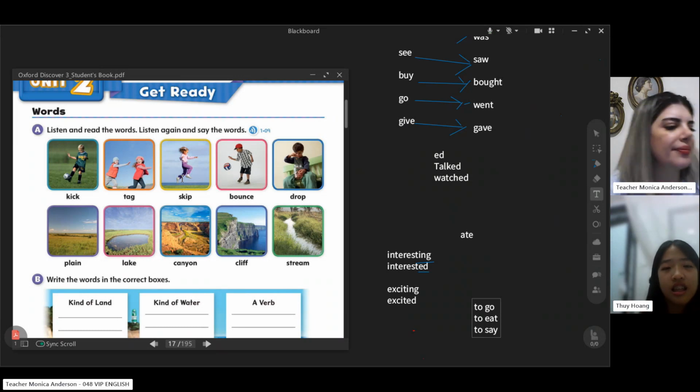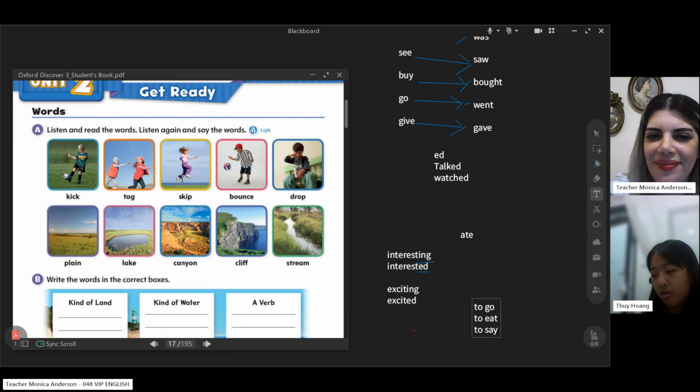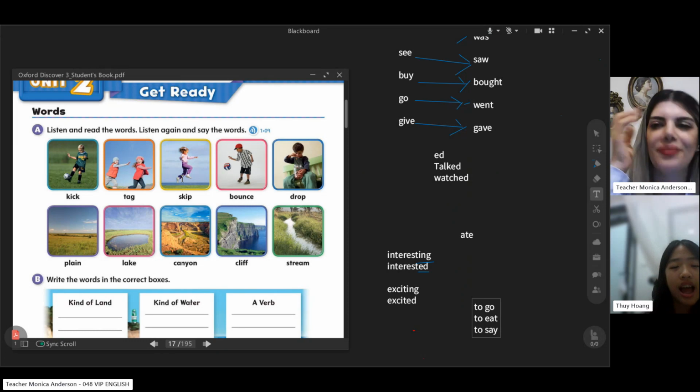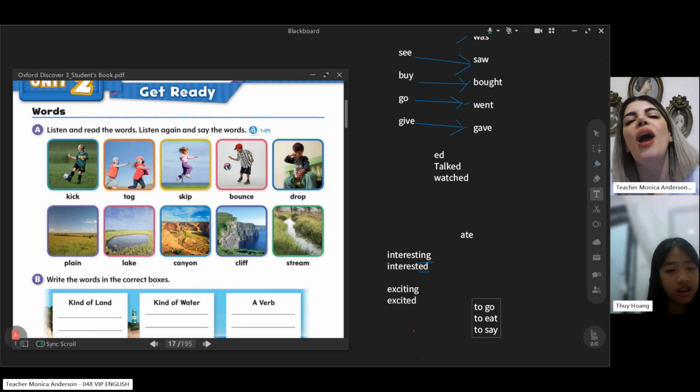Bounce is we hit the ball by hand. Very good, and it goes up and down.